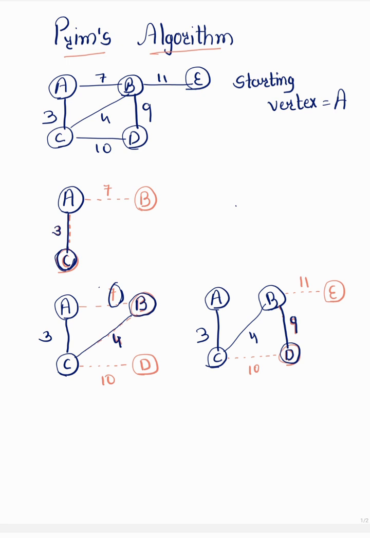Now as you can see here, A, B, C, D, these 4 vertices are in my minimum spanning tree. Till now E is remaining, right? So if I go next, this A is here, C is here, B is here, D is here, this 9, 4, 3, right?